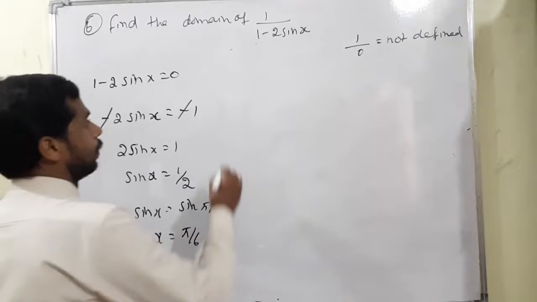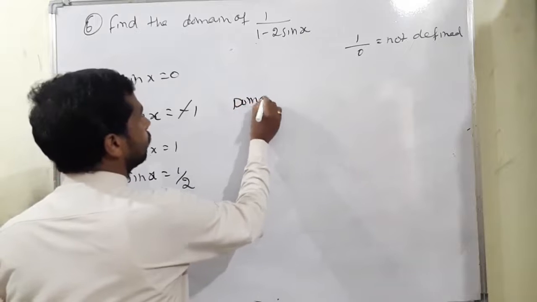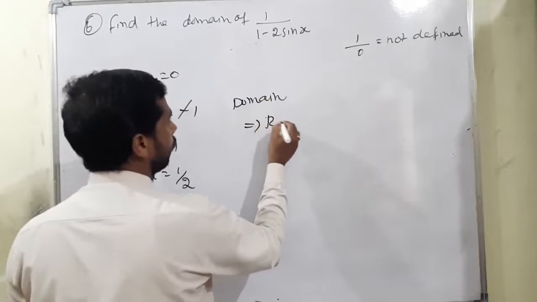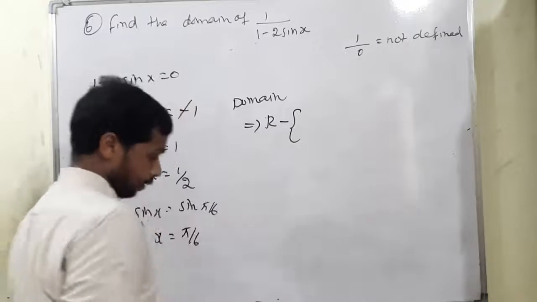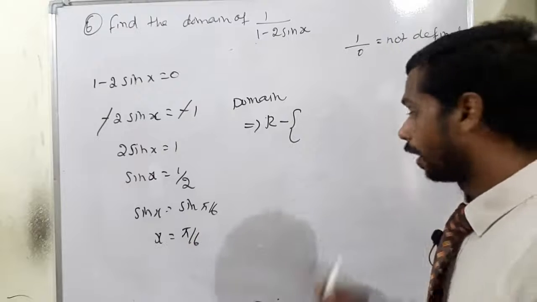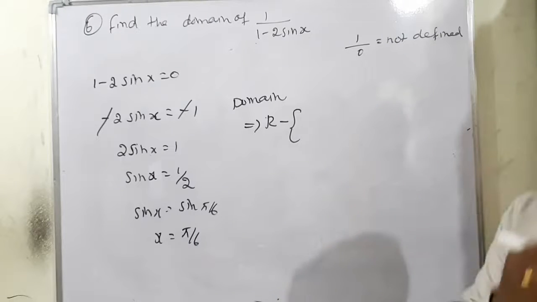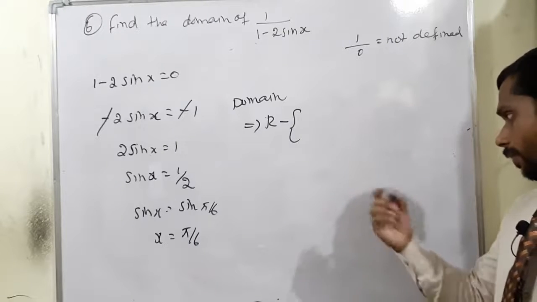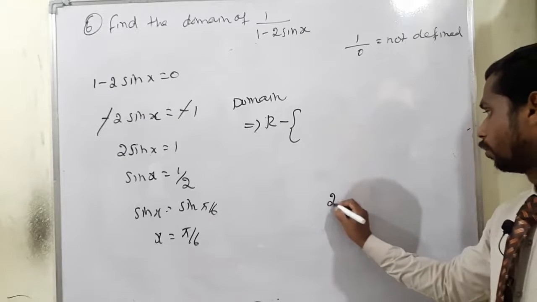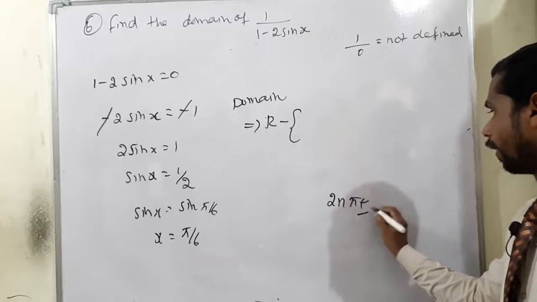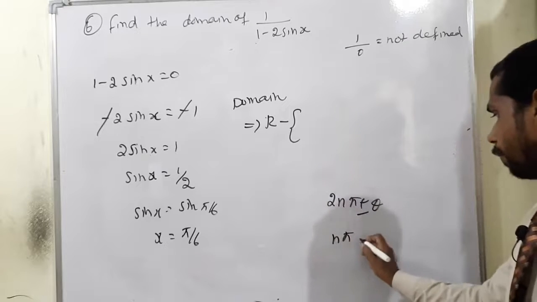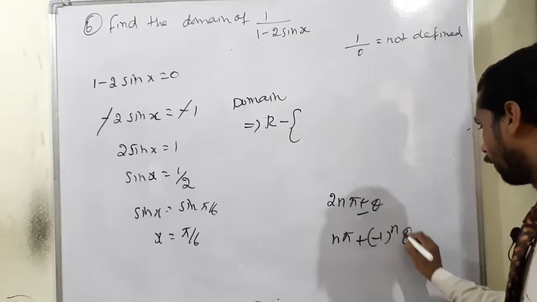Therefore, the domain means all the real values except, how to write it? Sin x equals sin theta is the condition we have already discussed in one question. What is the formula? x is equal to n pi plus minus 1 the whole power n into theta.